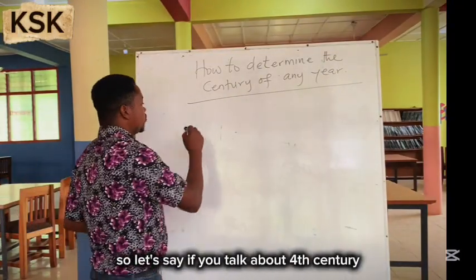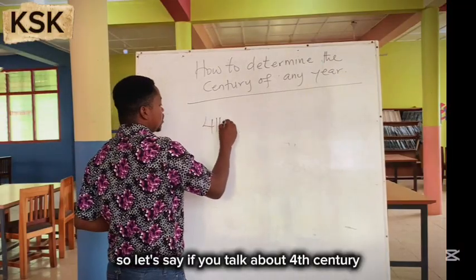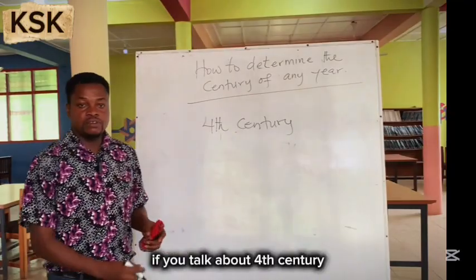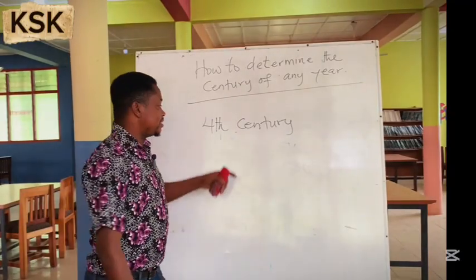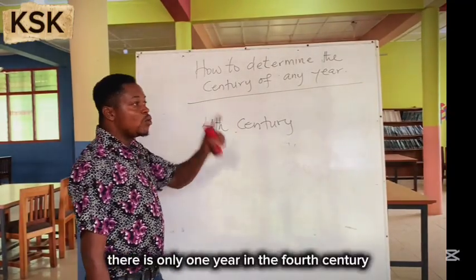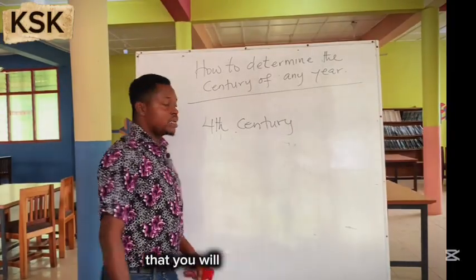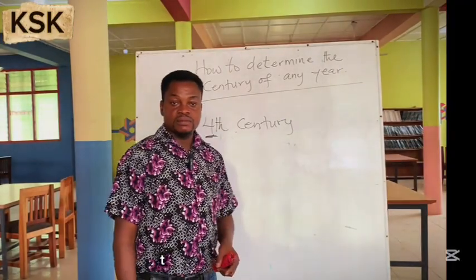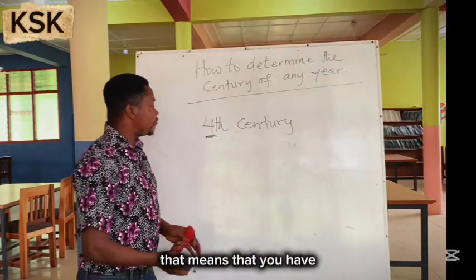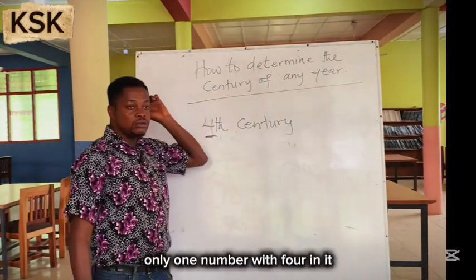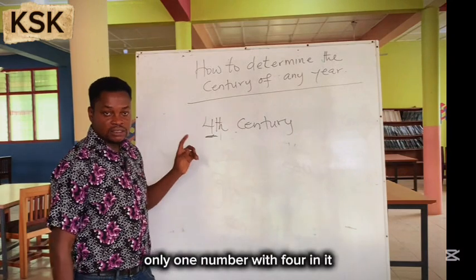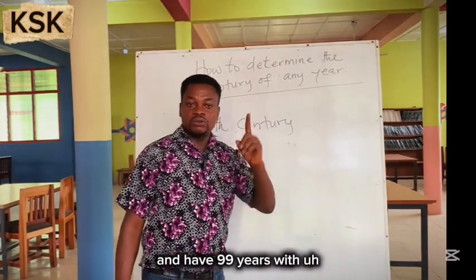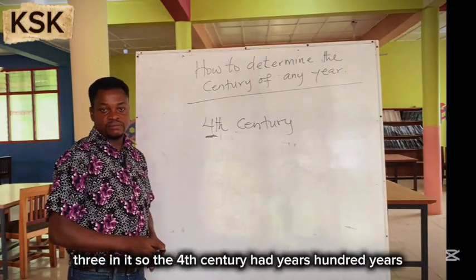So let's say if you talk about the 4th century, there is only 1 year in the 4th century in which you will see the number 4. That means you have only one year with 4 in it and 99 years with 3 in it.